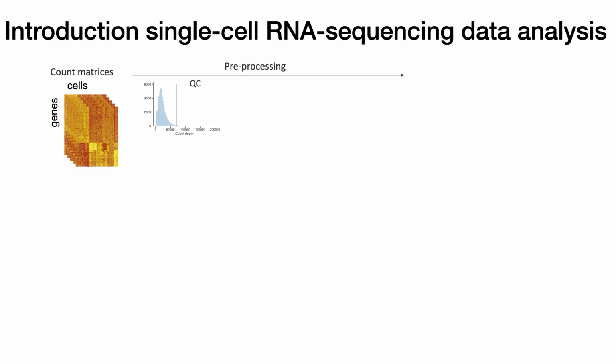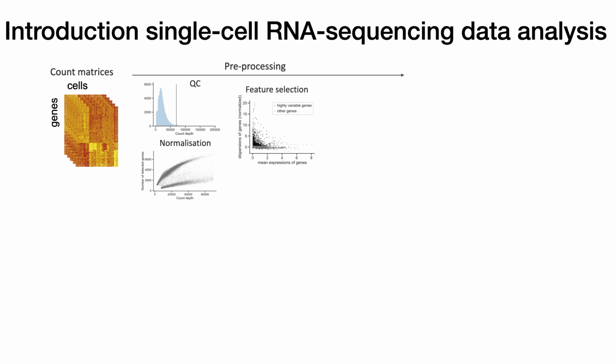So first of all, you do a QC, so quality control, where you distinguish whether your cells are actual cells or if this is debris. You normalize the cells for cell-specific bias and cell type-specific bias, also for gene length if you have a full-length protocol.